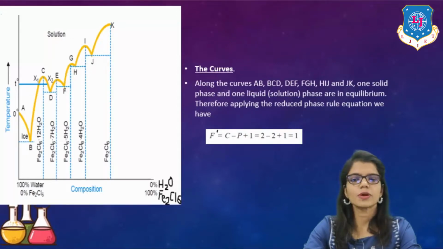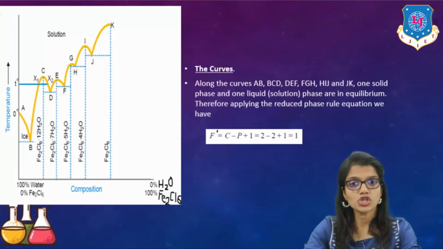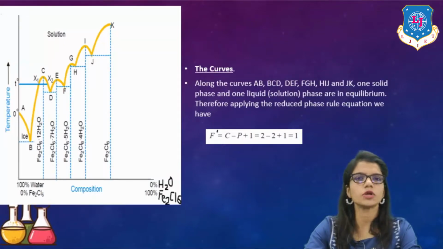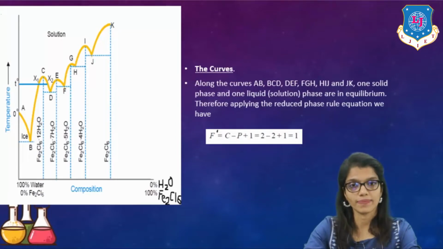Now, the formation of this happens till point G, and H is the point where the formation of Fe2Cl6·5H2O stops. After that, it converts itself into Fe2Cl6·4H2O at point I. Now, at point J, all the water molecules disappear and Fe2Cl6 solution starts forming.